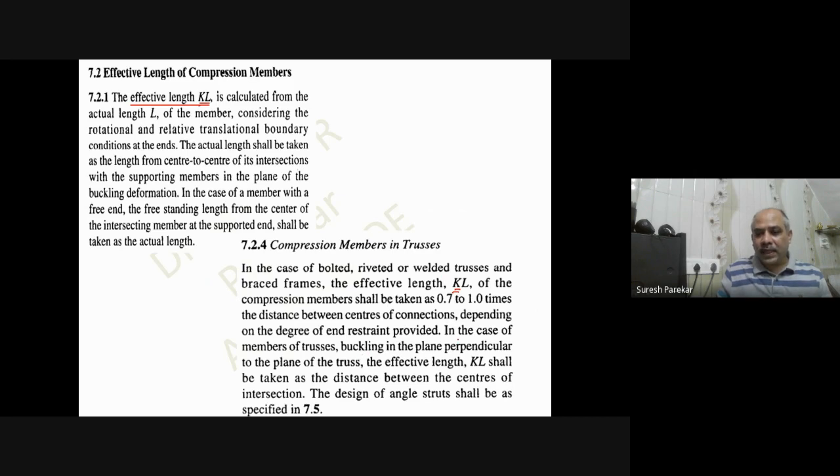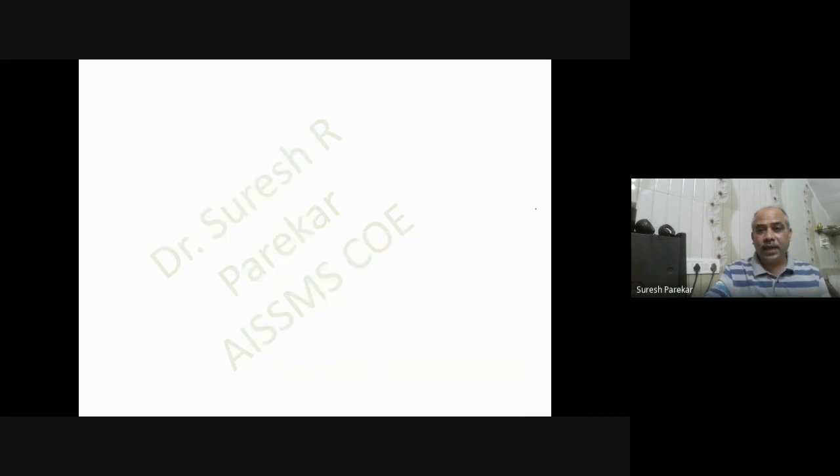In the case of members of the truss buckling perpendicular to the plane of the truss, the effective length shall be taken as KL, the distance between the centers of intersection. So for buckling perpendicular to the plane, we can take it directly as the center to center distance between the members or between the connections.